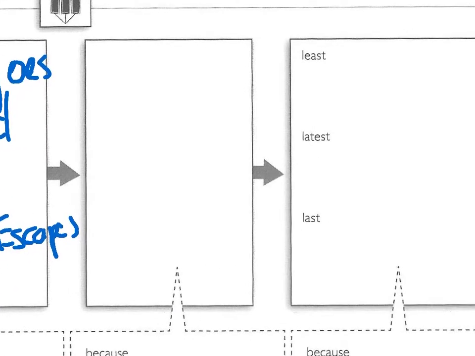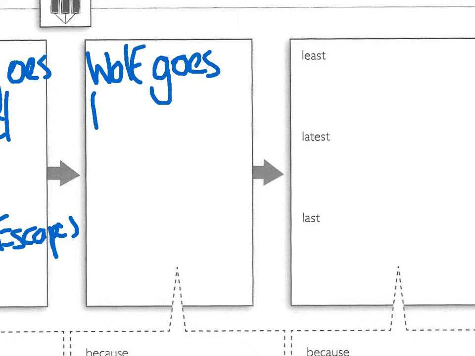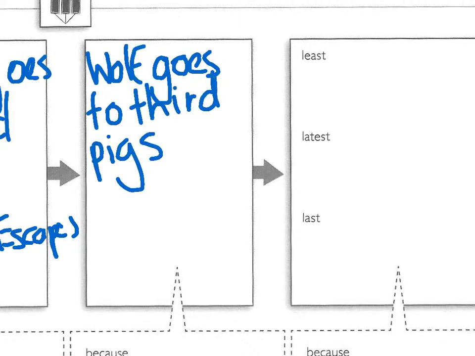And then the last one over here, goes to third pig's. And wolf cannot blow house down.